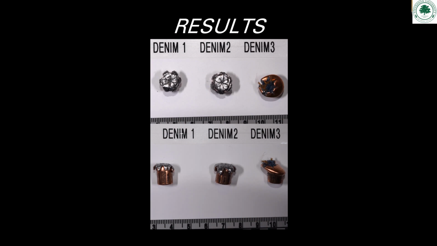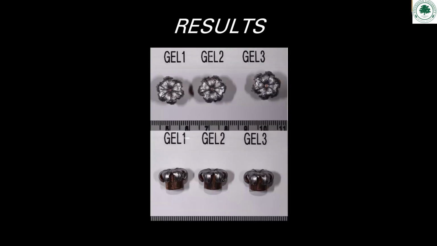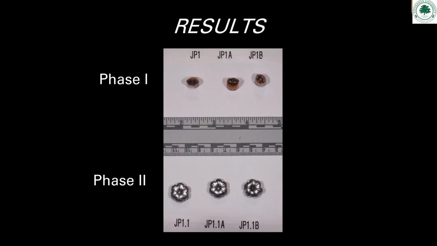I had very minimal expansion, except for the third shot through the denim, which the bullet went through a seam. And that caused it to fill with denim and actually fail to expand, right? The gelatin here, we have very nice expansion from 3 shots through the gelatin. Now you can compare the differences here. The phase one testing, shots through the wallet, all the JP1 series and the JP 1.1 series, the ones on the bottom, they expanded during phase two.